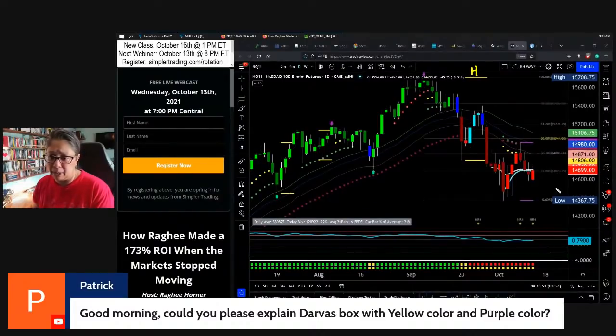The magenta, purple, whatever you call it, color, these actually start with a low and then begin the candle count. So in other words, there is an initial touch point that begins the process of, could this then be a Darvas pattern, a Darvas formation? It can either start with a low or a high, and depending on which it does, the box will color according to that. All right, so I hope that helps.